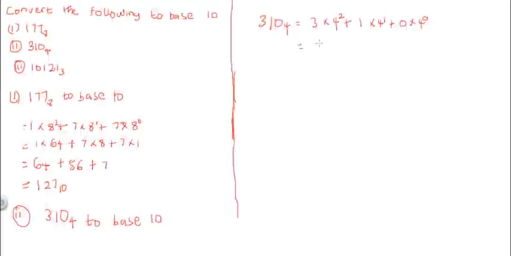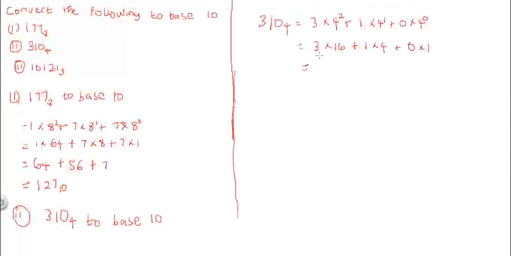So this is equal to 3 times 4 raised to power 2, which is 16, plus 1 times 4 raised to the power of 1, which is 4, plus 0 times 4 raised to power 0, which is 1, so times 1.